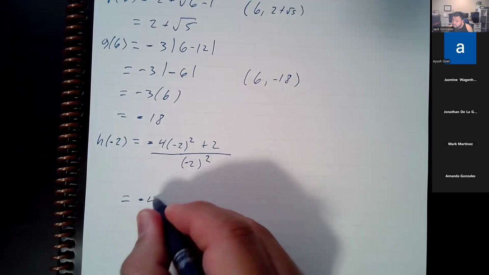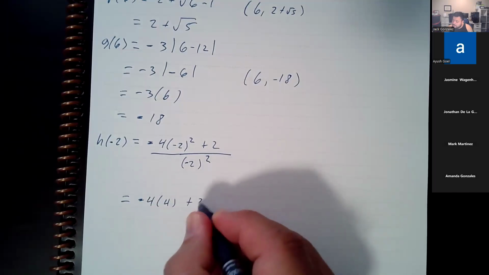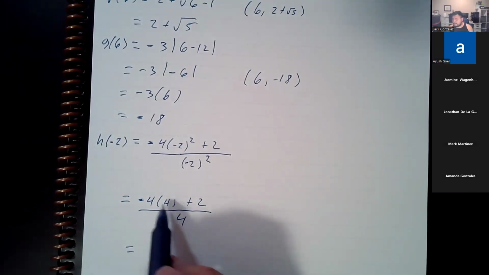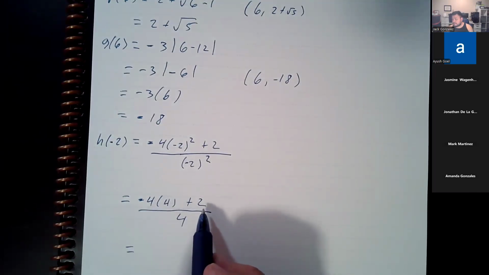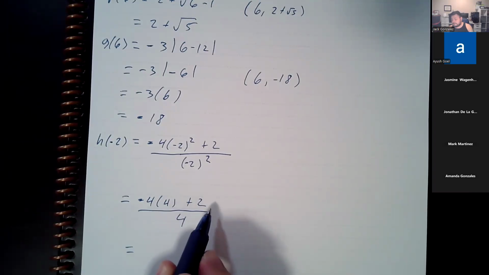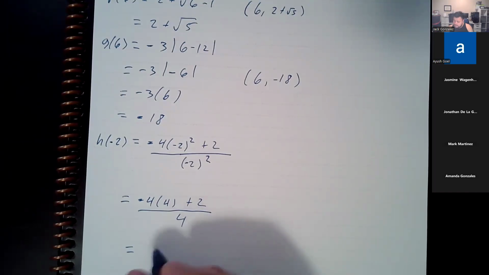So that'll be negative 4 times 4 plus 2 over 4, which is what? 16 plus 2 is 8. I'm sorry, 18. No, negative 16 plus 2 is negative 14 divided by 4.